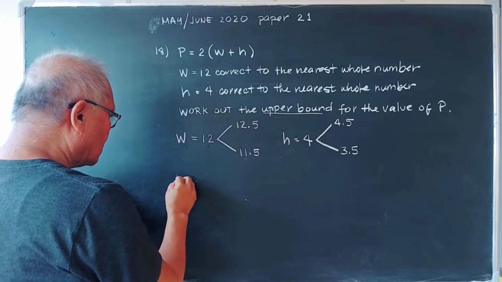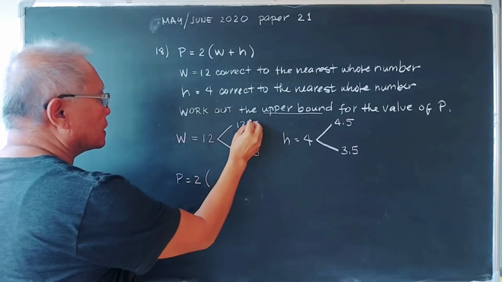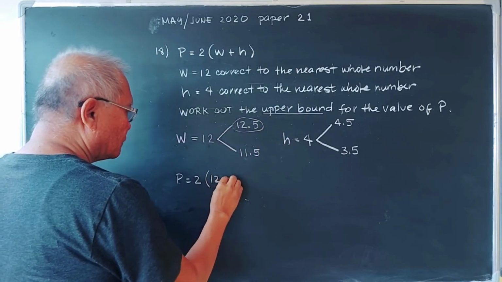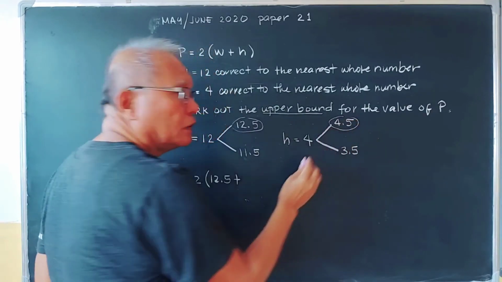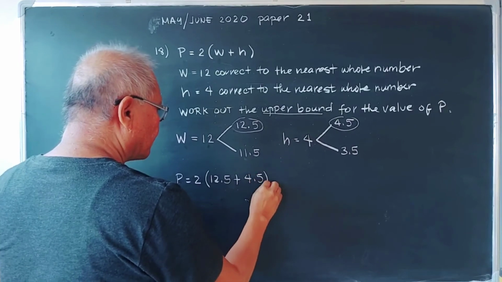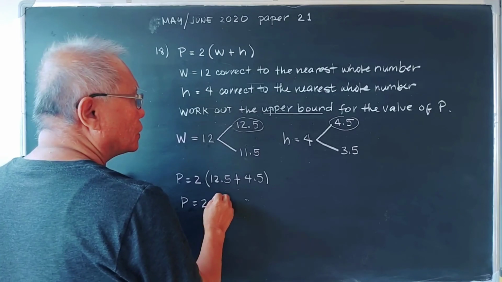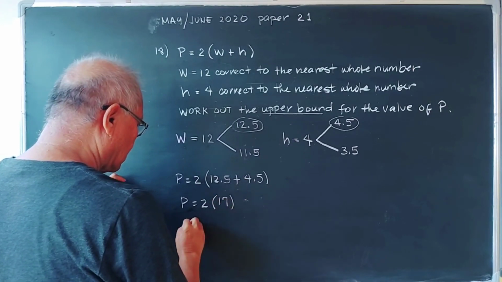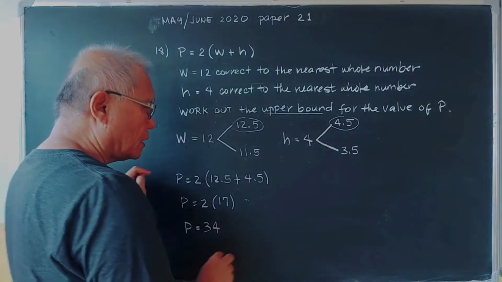So we have 2 times the upper bound of W, 12.5, plus the upper bound of the height, which is 4.5. So P here is equal to 2 times 17, which is equal to 34.